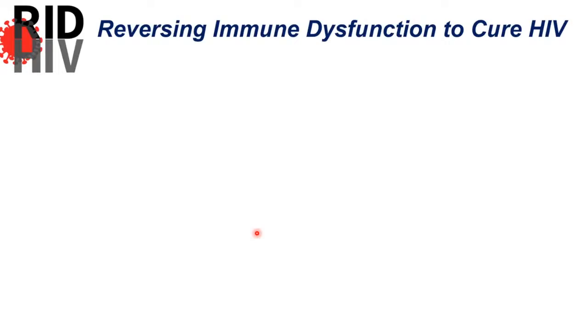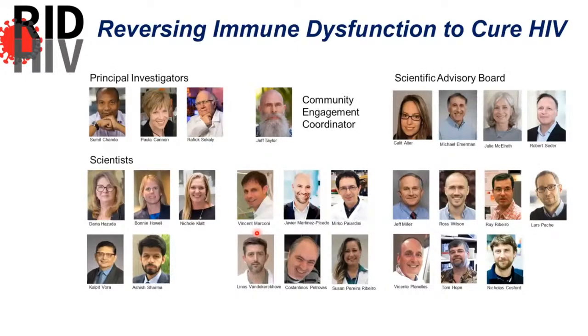Okay, so that's by way of introduction to RID-HIV, which I think I got this right, stands for Reversing Immune Dysfunction to Cure HIV. And just to quickly introduce you to everybody on it, because we're a good-looking group. Here are the three principal investigators, Sumit, who you guys have heard from, Rafiq, and myself.